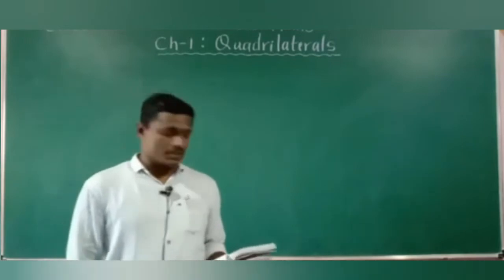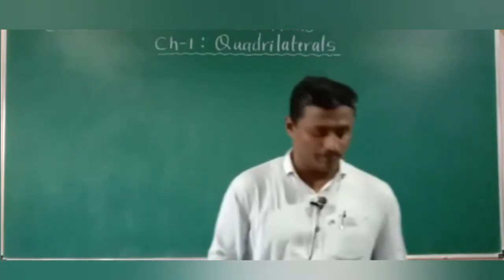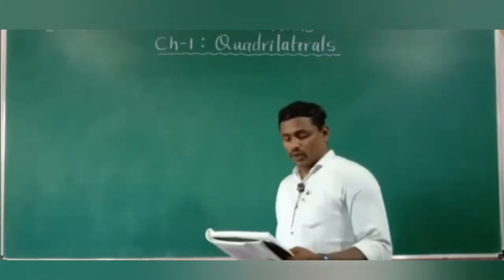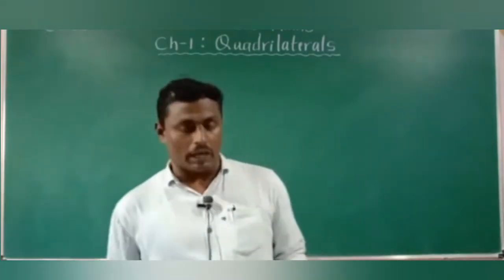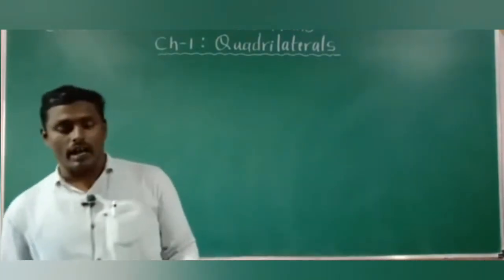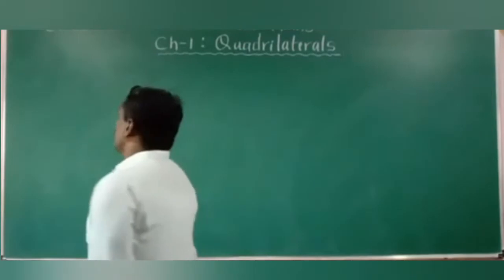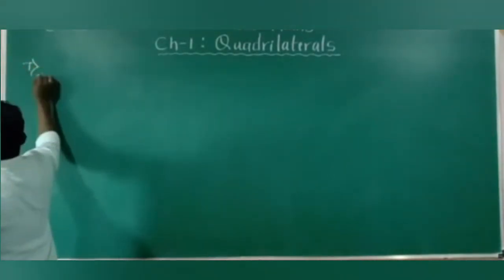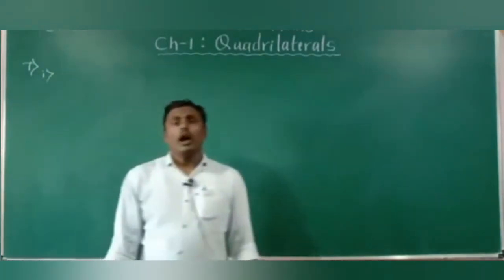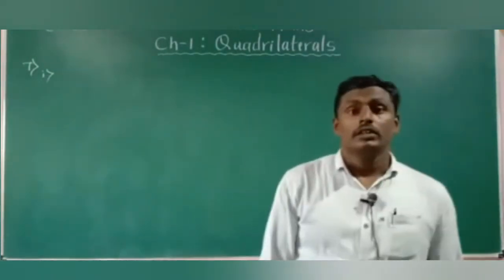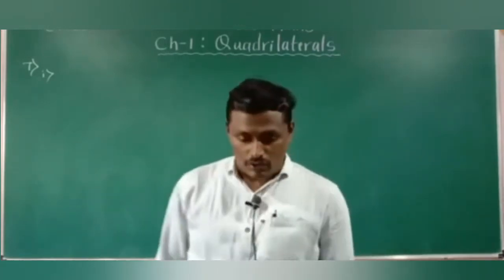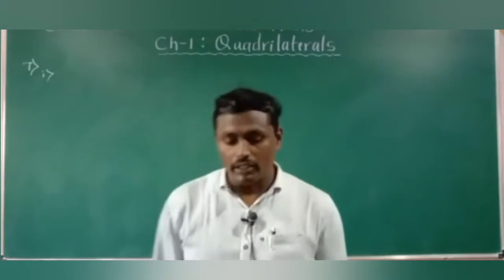The 7th question from your exercise, the first question is: if one of the angles of a parallelogram measures 75 degree, find the other angles. So the 7th main question has 2 sub questions. In the first one, one angle of the parallelogram is 75 degree, you need to find the other angles.